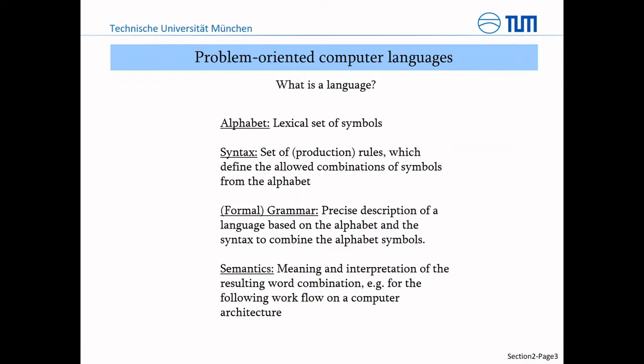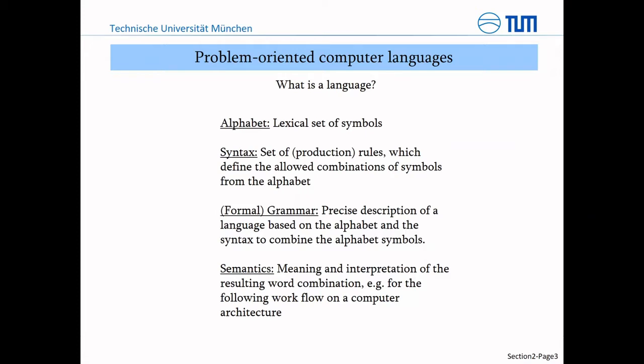We need a definition of a grammar. In our case, for computer languages, we do not take care of human languages or complex languages, where we have a lot of exceptions, like with articles in the German language. We just focus on formal grammar.